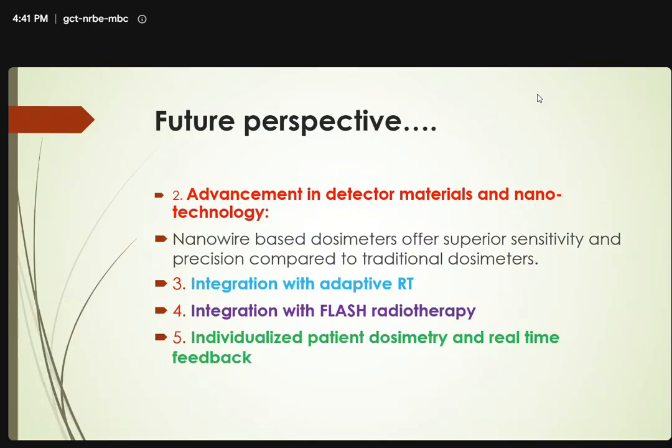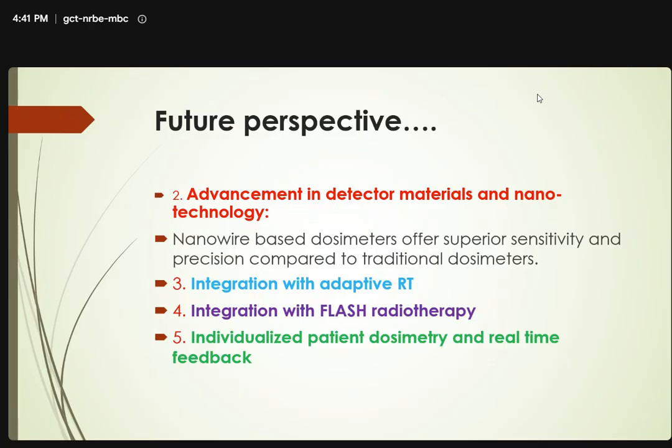Now, advancement in detector materials and nanotechnology. The development of advanced detector material and the application of nanotechnology are unlocking new possibilities of in vivo dosimetry. So, nanowire based dosimeters, now, these are the new things.